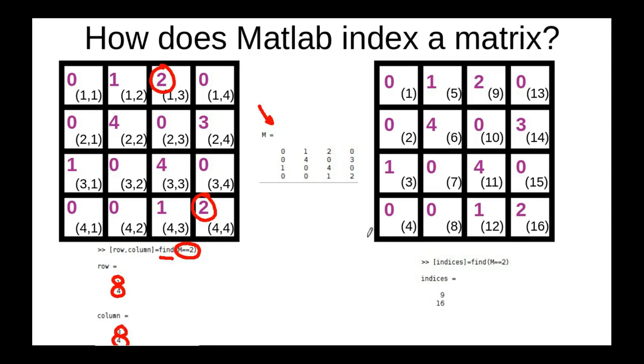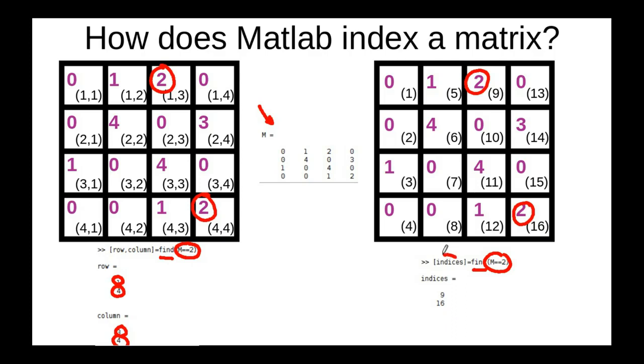But there is an alternative way to use find.m. It's the following. When I ask where the elements of M are equal to 2, here and here is the same matrix as before.